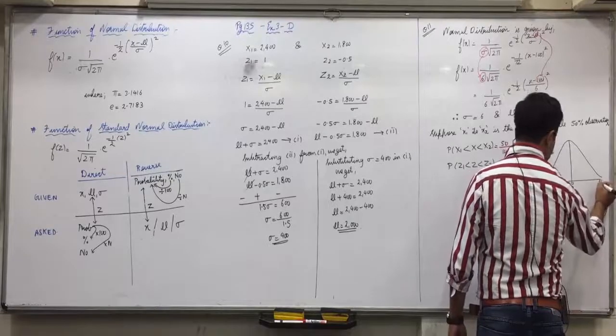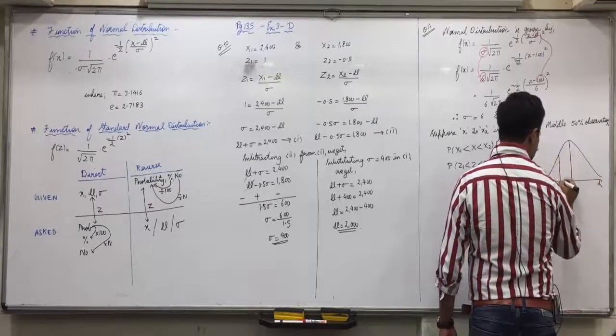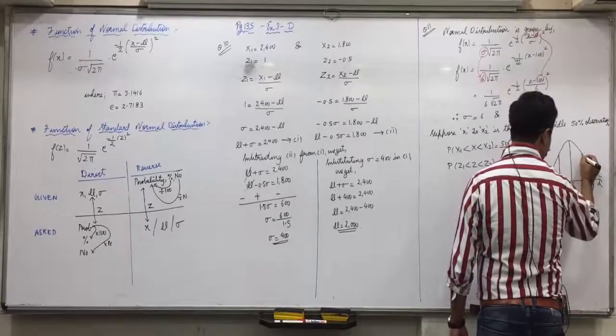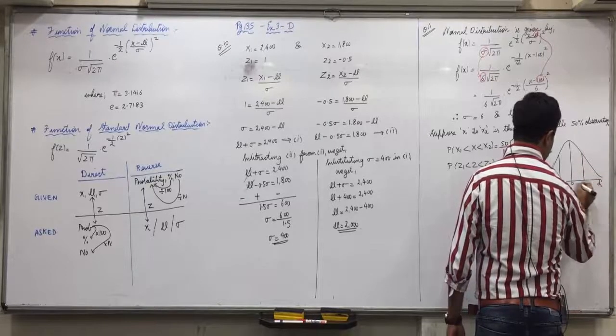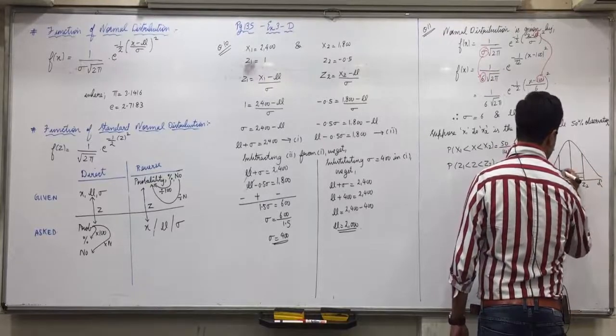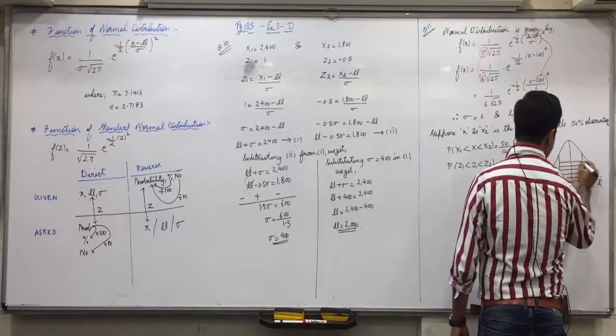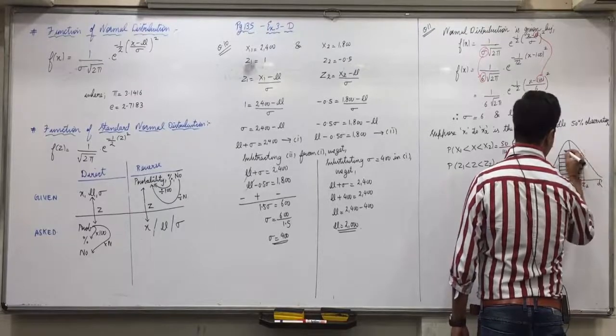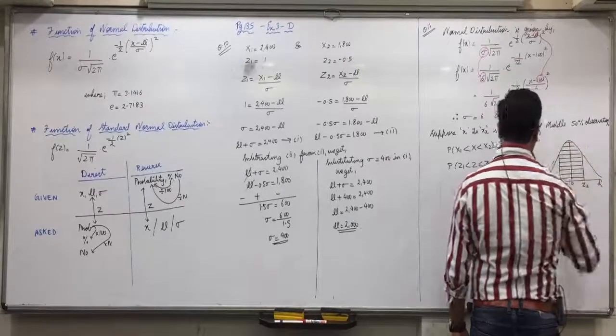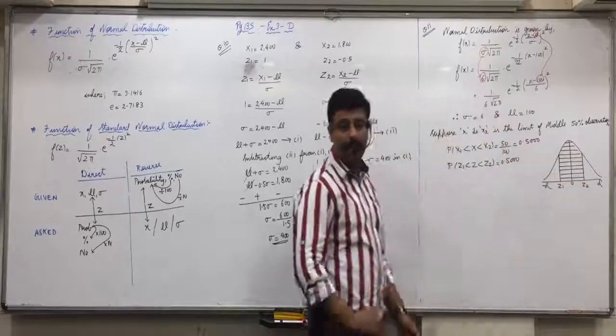On the curve from minus infinity to infinity, z1 we will take on the left side and z2 on the right side, and this middle area is 0.5. Raise your hand. What next step?